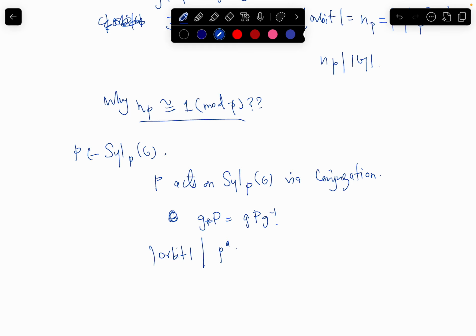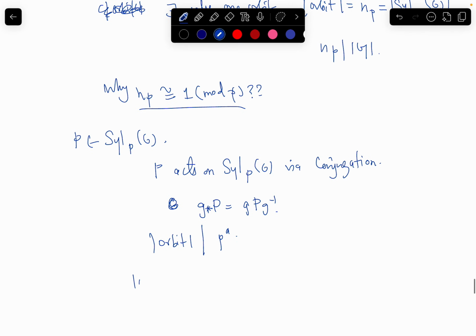p power a. That means the size of the orbit is either 1 or p divides the size of the orbit. So the question is, do all orbits have size p?